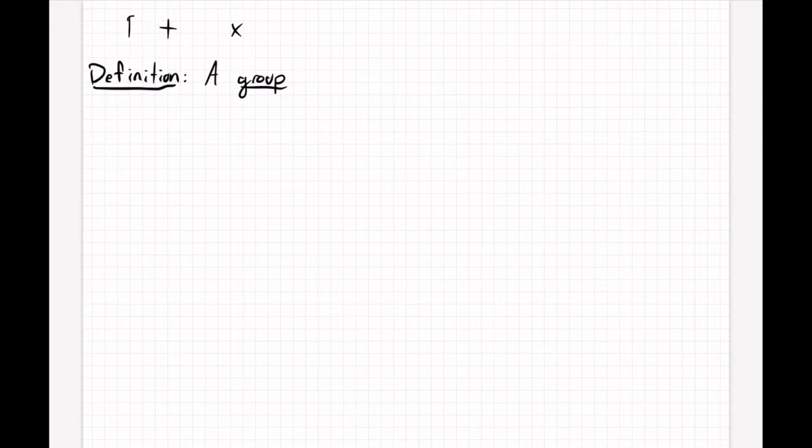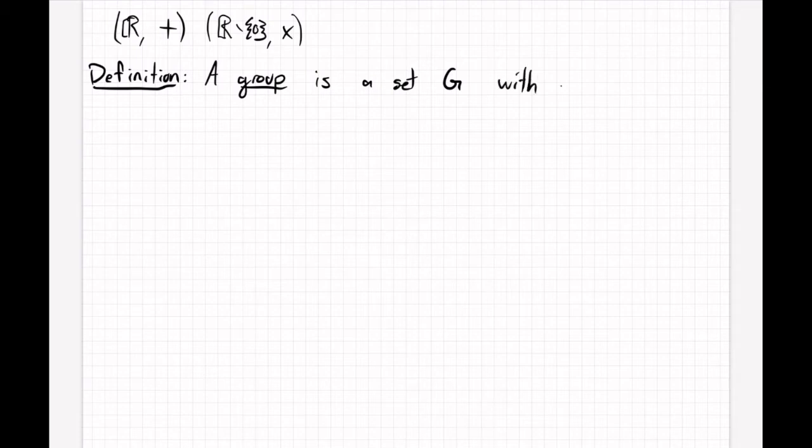So if I say R and plus here, and then I want to say R set difference 0 and times. So a group is first a set G, we use the letter G for group, with an operation, and this operation, this is not a technical term, so maybe I'll erase this.